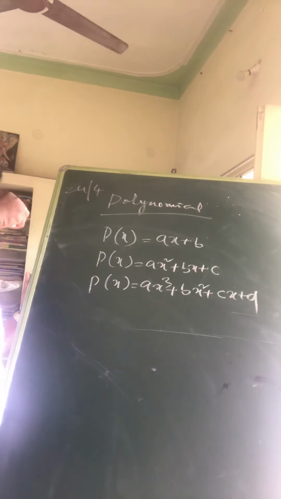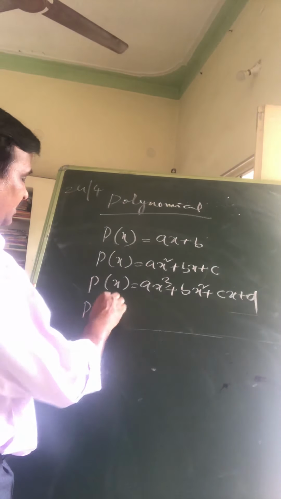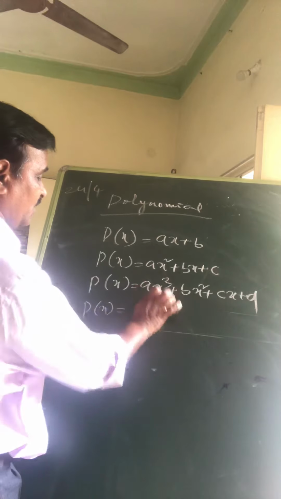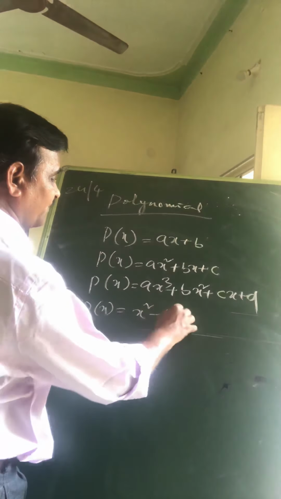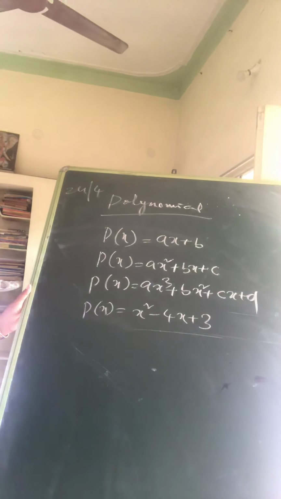Okay, now example: p of x is equal to x square minus 4x plus 3. This is a quadratic polynomial, and we have to find its zeros. That means we have to find what values to write in the place of x to make the polynomial 0.